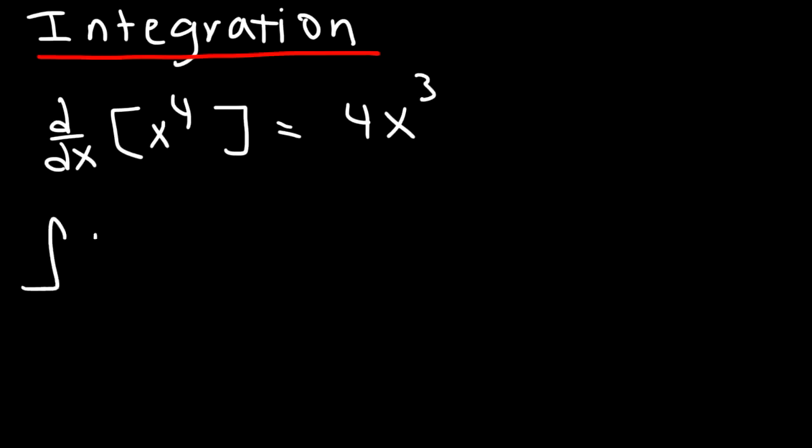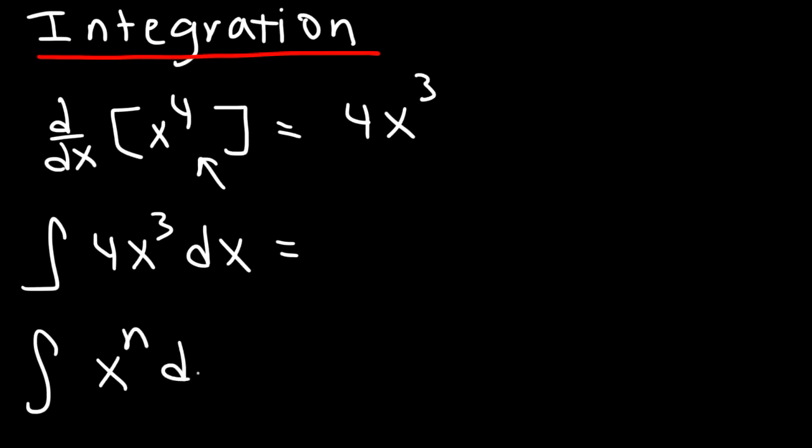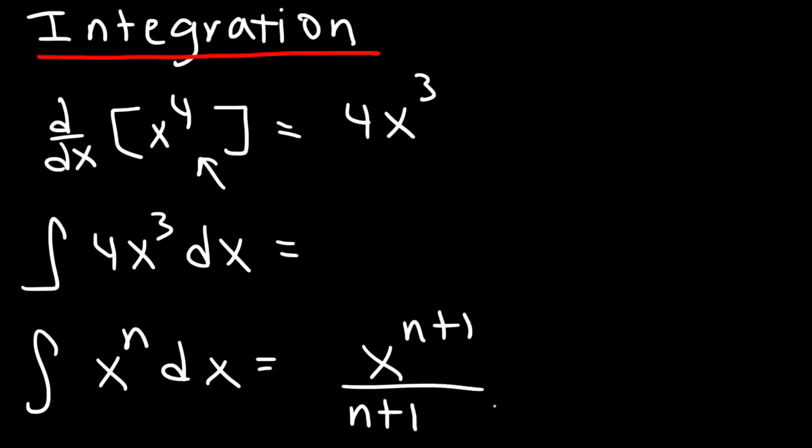Well, the integral of 4x cubed should give us x to the fourth. And here's the formula for finding the antiderivative, or the integral. So you're going to add 1 to n and then divide by that result. And you're going to add some constant of integration. The derivative of any constant is 0. So when you integrate, you always have to add a constant to your expression.